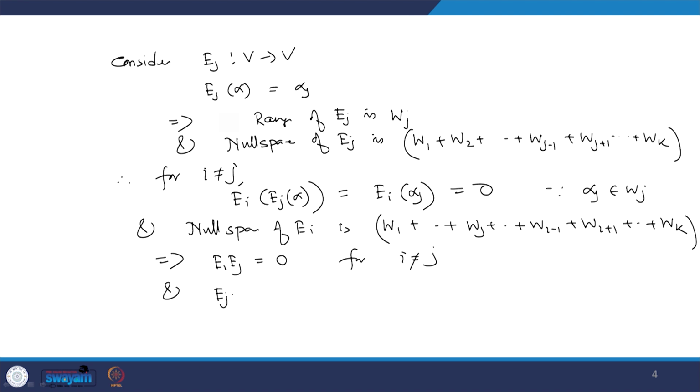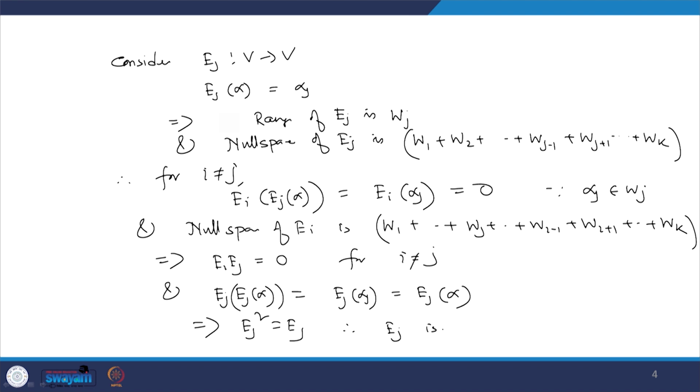And Ej operating on Ej alpha, where Ej alpha is equal to alpha j, gives Ej alpha j, which is also equal to Ej operating on alpha. So, this implies that Ej square is equal to Ej.